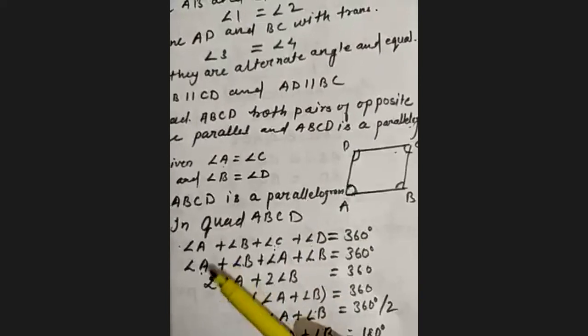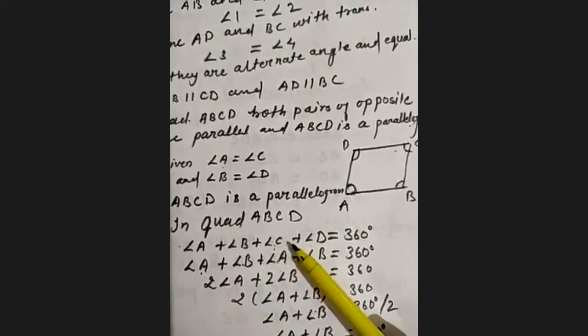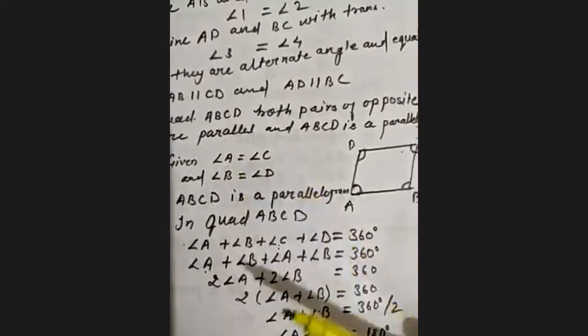So here we are using, in a quadrilateral ABCD, the sum of the angle property. Okay, sum of the angle property, that means sum of all angles is equal to 360 because it is a quadrilateral shape. So angle A plus angle B plus angle C plus angle D is equal to 360. So here we put angle A in place of angle C and angle B in place of angle D. Why? Because already in the question opposite angles are equal.